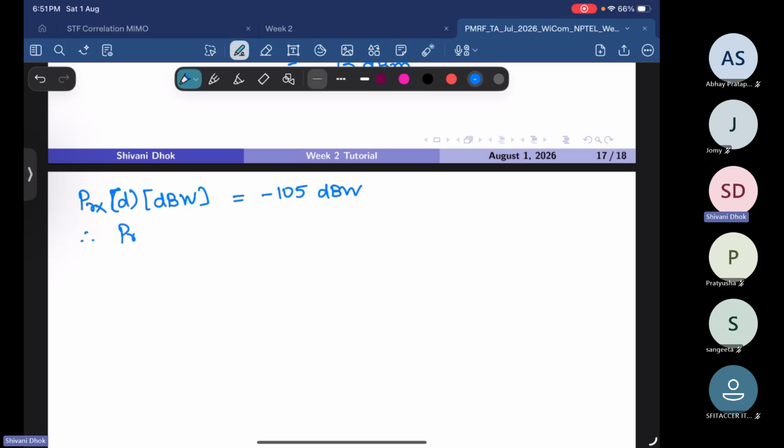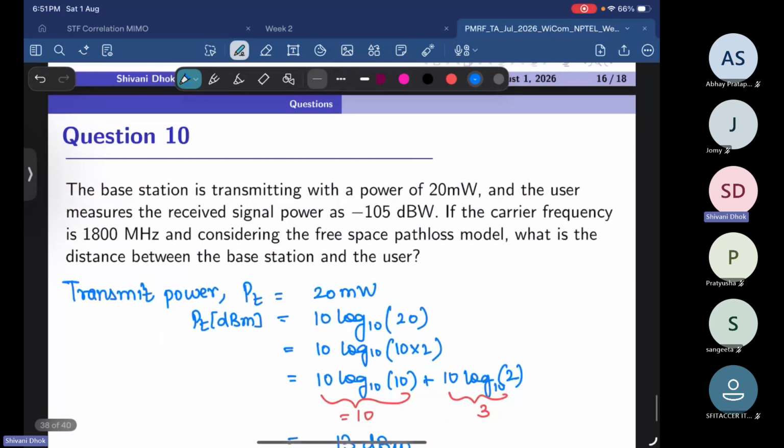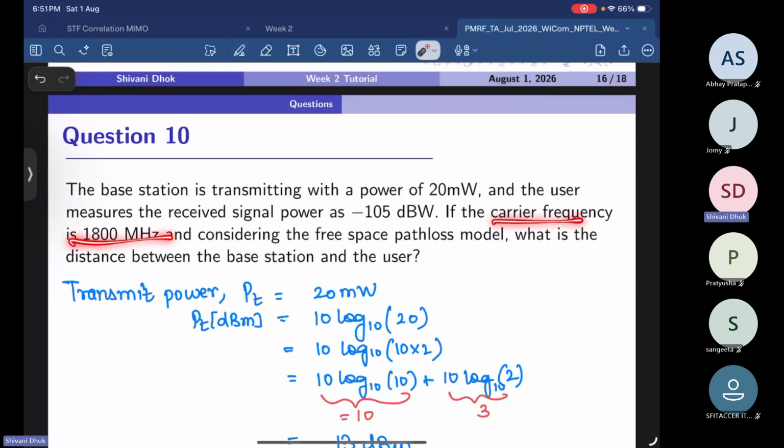Therefore the received power in dBm will be dBW plus 30, so minus 105 plus 30 dB. So this is minus 75 dBm. Then the carrier frequency is 800 megahertz.